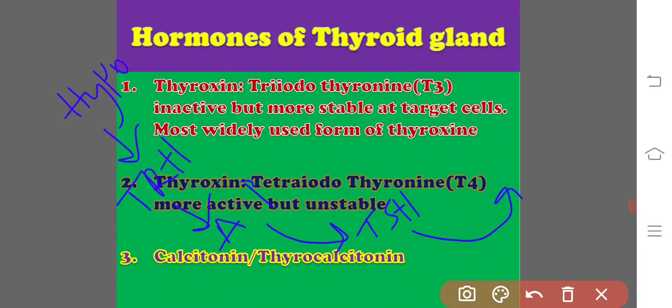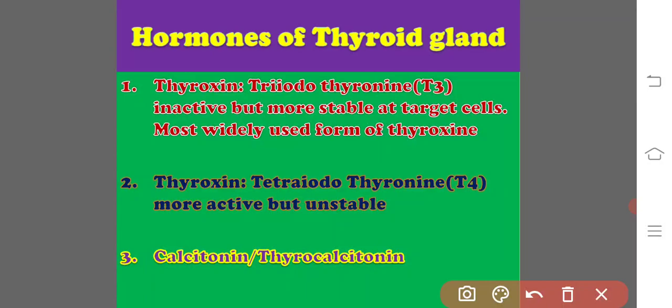It acts upon the thyroid gland, especially the thyroid follicles, and it produces all three kinds of hormones: triiodothyronine, tetraiodothyronine, and thyrocalcitonin.